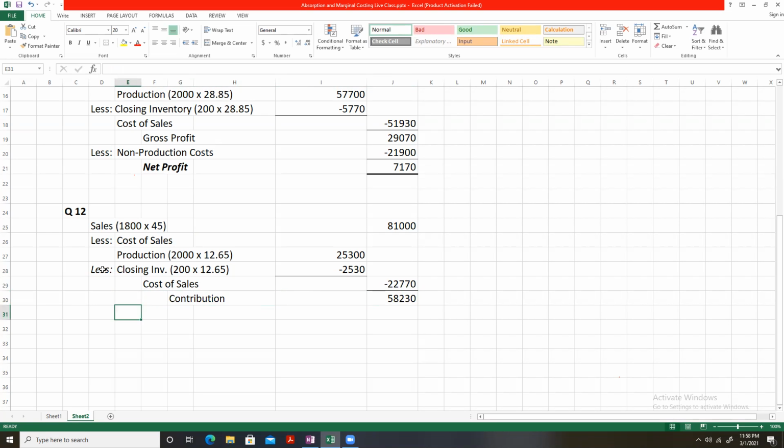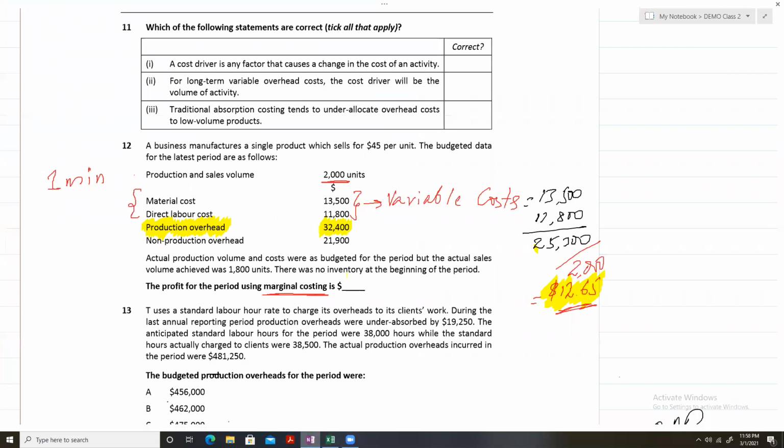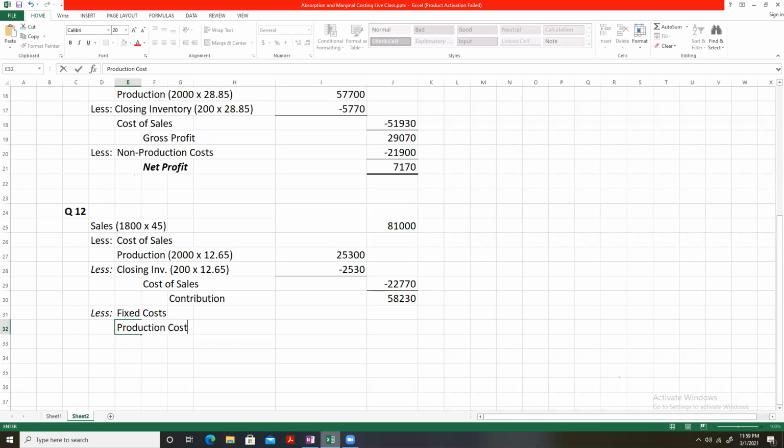58,230. And finally, we will deduct all the fixed costs, less all the fixed costs. Production costs and the non-production costs as a period expense.